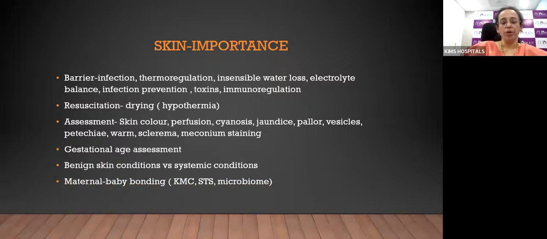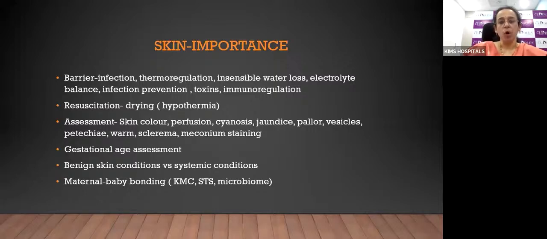Skin plays an important role during kangaroo mother care and skin-to-skin contact, which we do in term babies soon after the delivery and also in premature babies. It helps in controlling hypothermia and improves maternal-infant bonding as well as the feeding of the baby, and also helps in reducing the incidence of hypoglycemia.